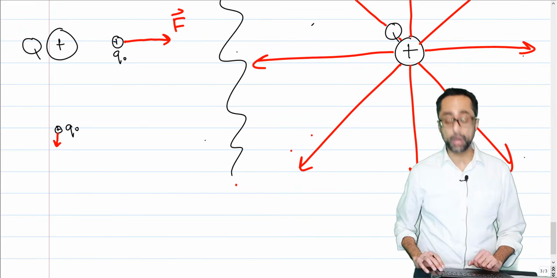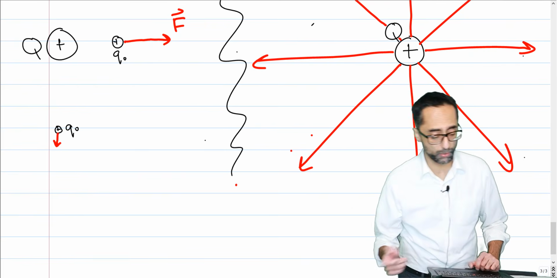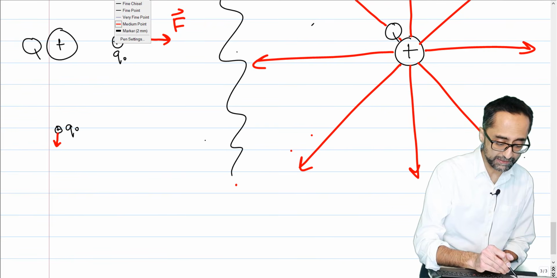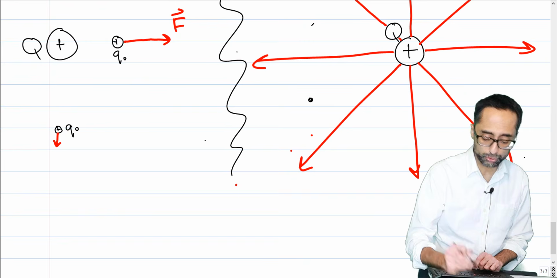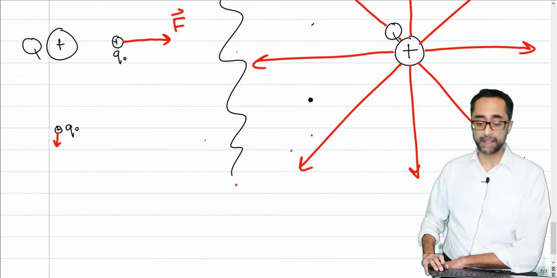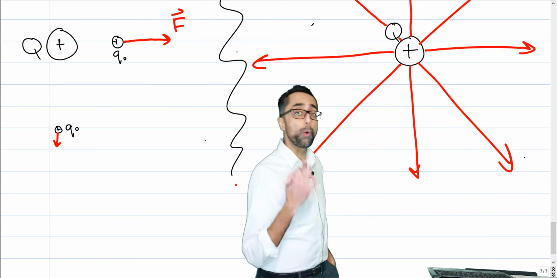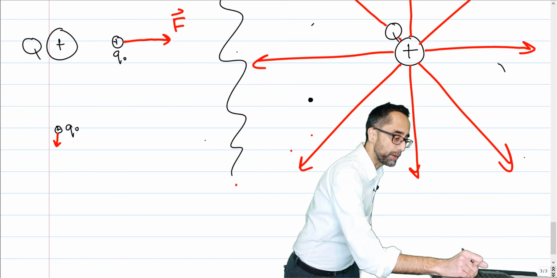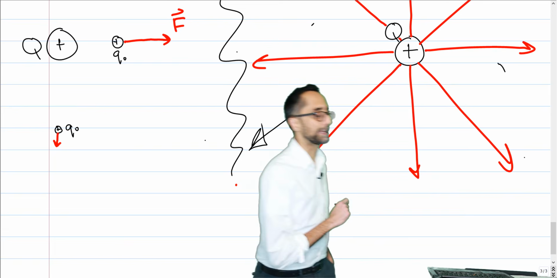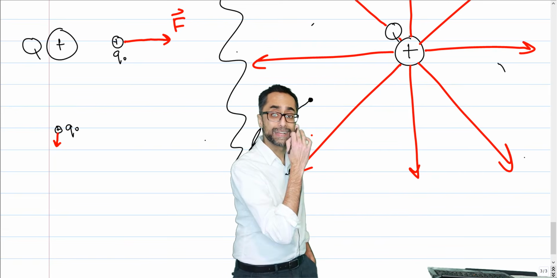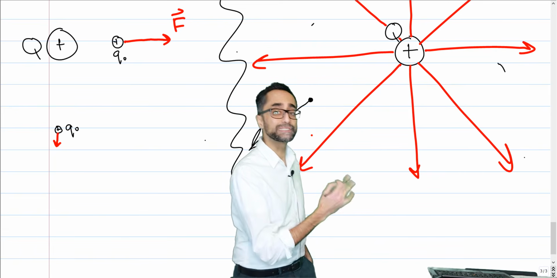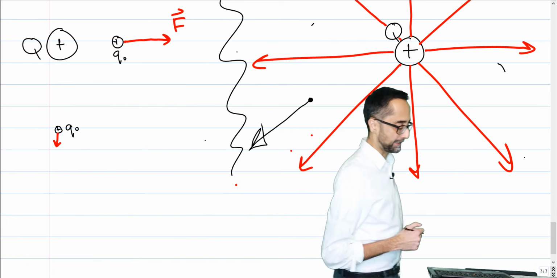Now we know which way electric field lines go, such that if I had to find the electric field at this little dot that I drew, I know it's going away from the positive charge. And so I would draw the electric field like that, in the direction away from the charge that's creating the electric field.